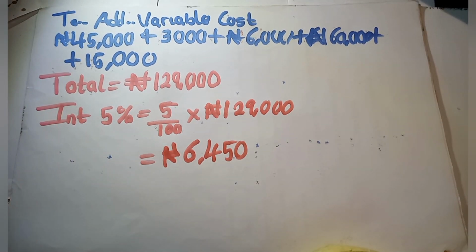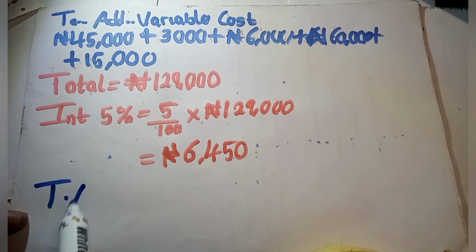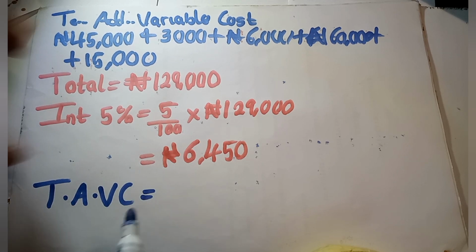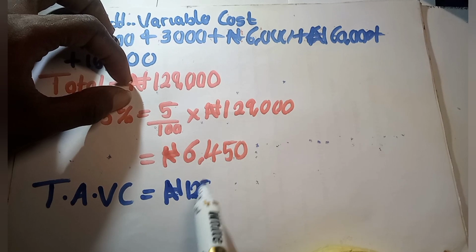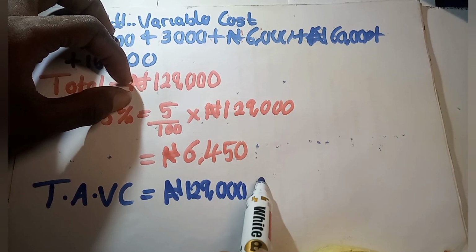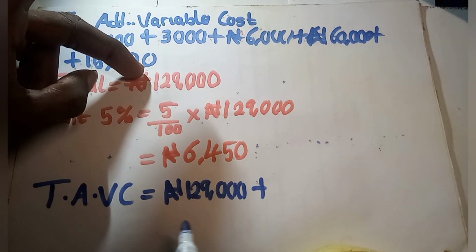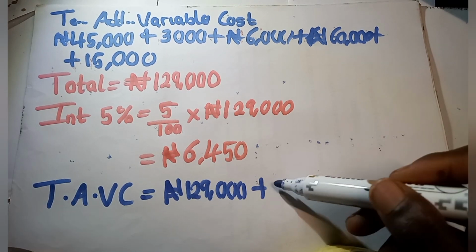The total additional variable cost will be 129,000 naira plus the interest, 6,450 naira.